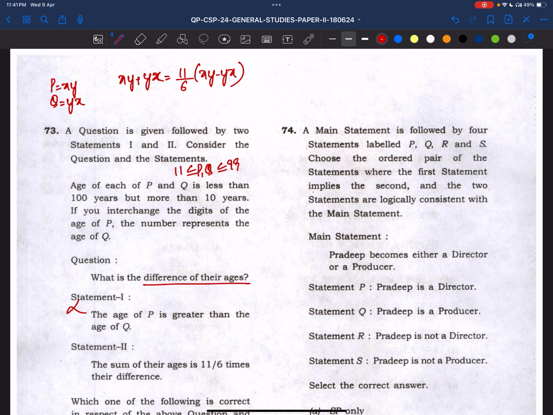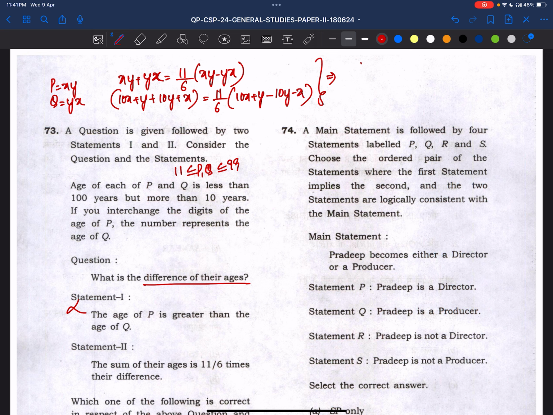By converting, we can write, we have done many times now, such type of problem. We get 10x plus y plus 10y plus x is equal to 11 by 6 times of 10x plus y minus 10y minus x. Right?